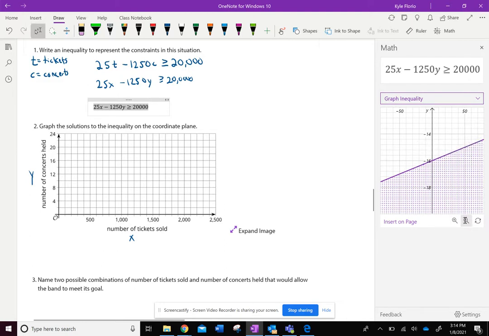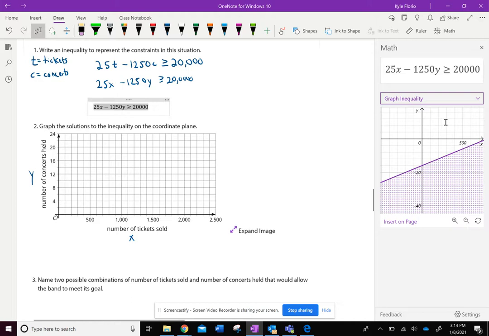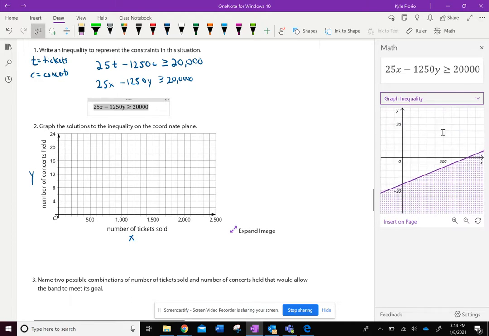We'll zoom out as well. Well, there's 0, so we're almost there. Let's do a little bit more.